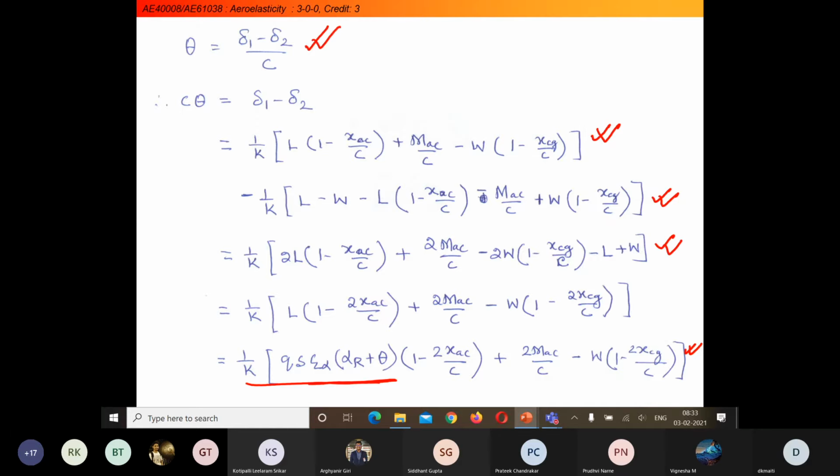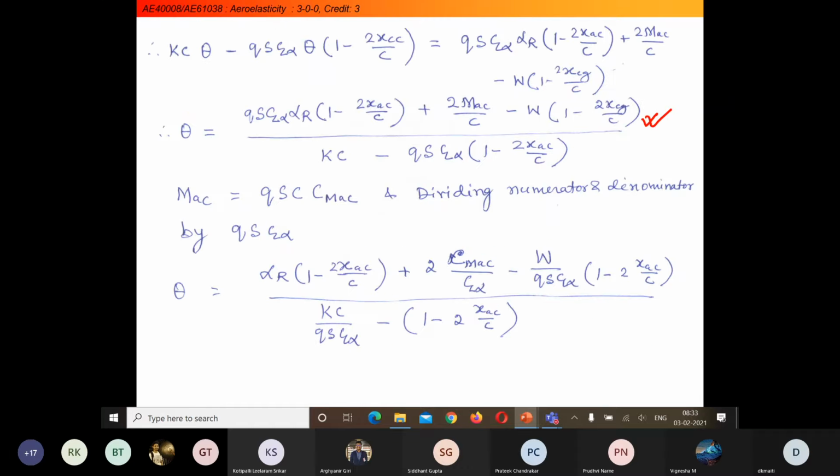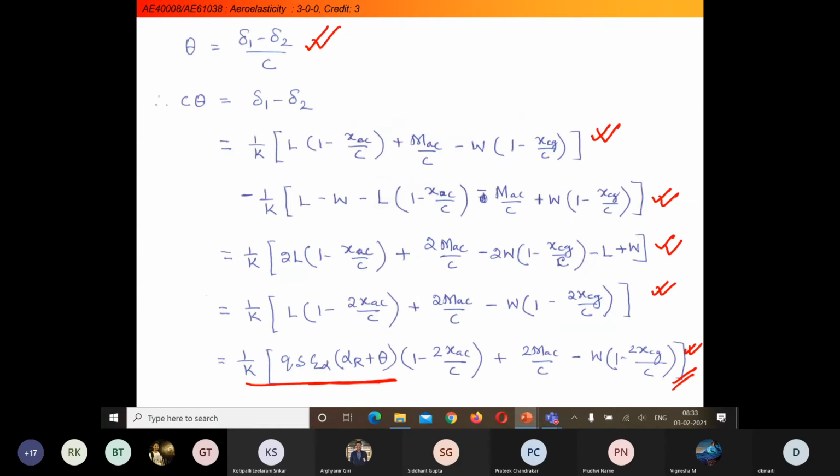Then simplifying this, C theta is equal to delta 1 minus delta 2, and substituting the values of delta 1 and delta 2 and simplifying the expression, finally I get this expression, where again the lift value we have taken is a combination of alpha and theta.